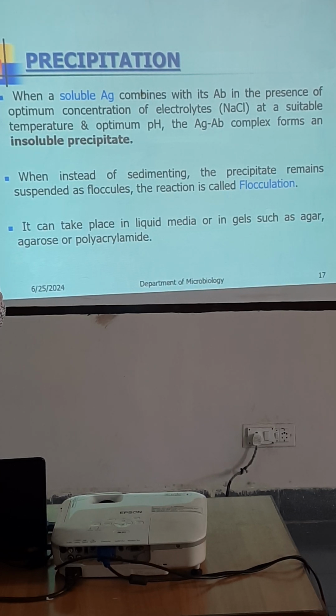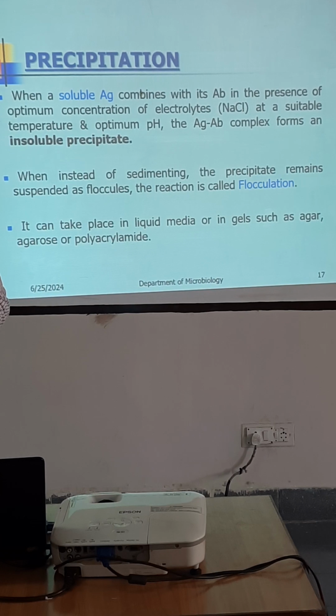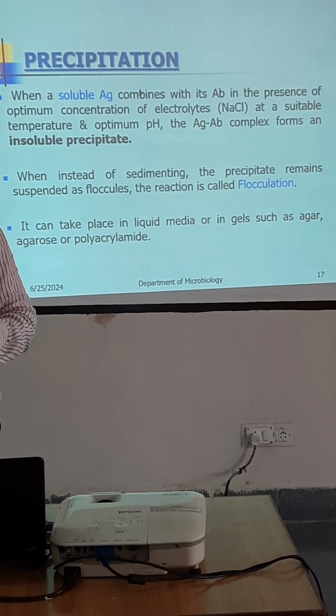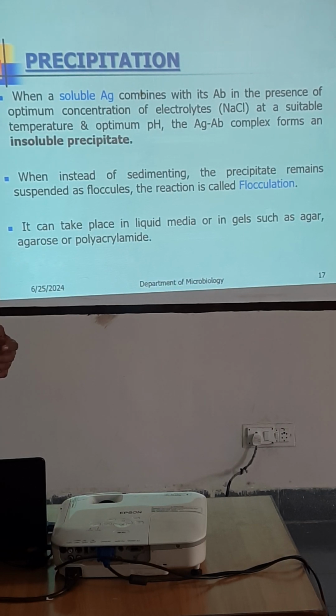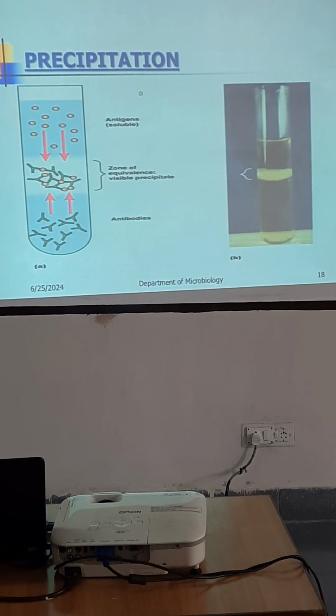The best example of this is the VDRL test, or the Kahn tube test. It can take place in liquid media or in gels, such as agar, agarose or polyacrylamide gels.